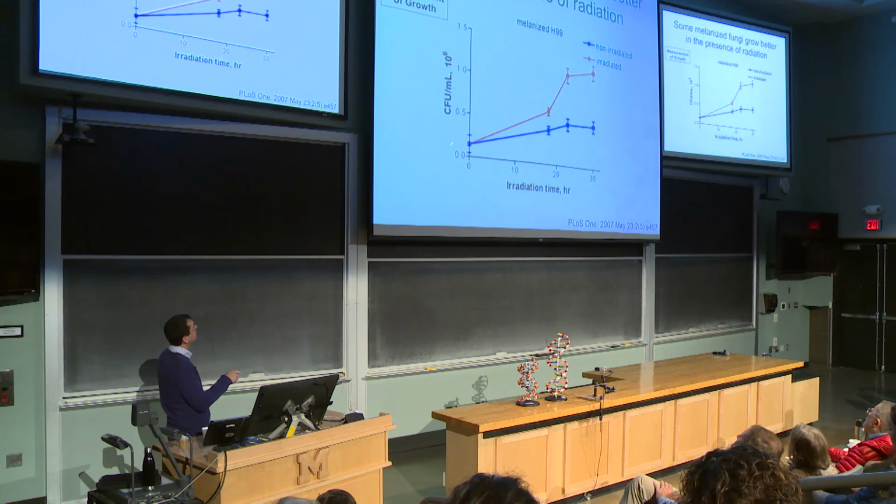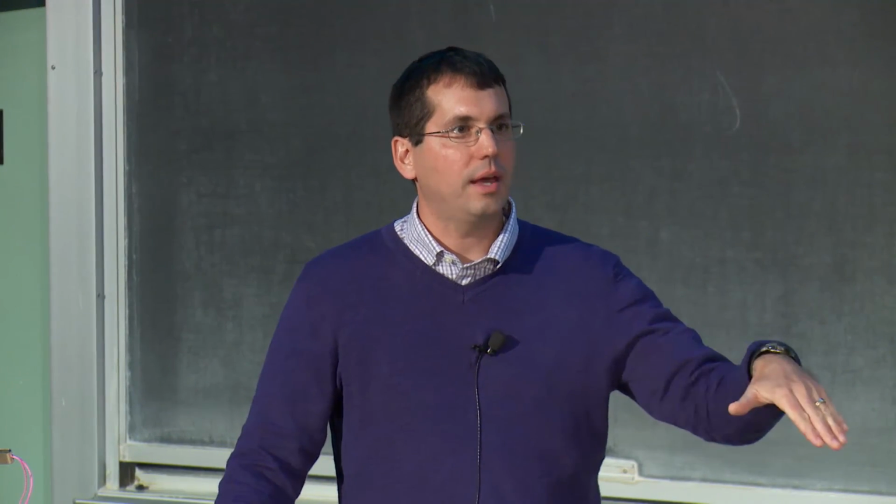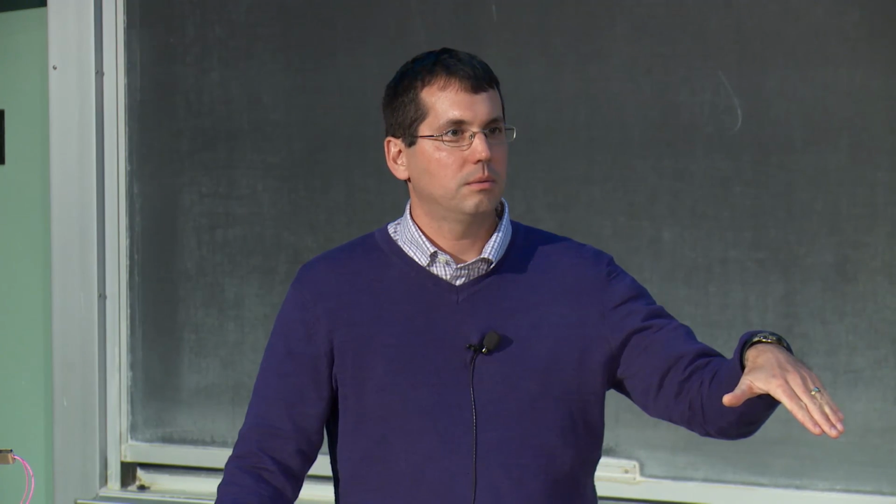You can see that there is an increase in colony-forming units, an increase in growth. So the idea here is that it's able to take gamma rays and have the cell convert that energy into chemical energy, right?